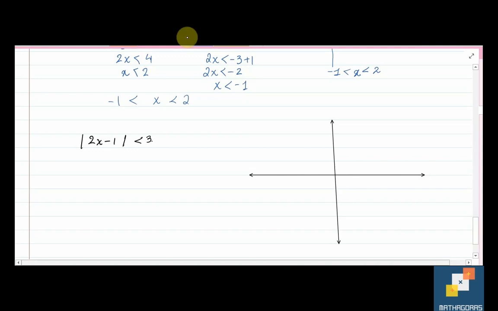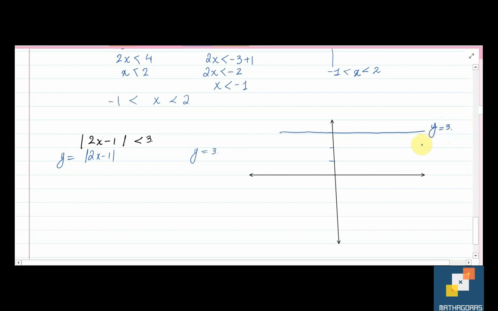So we will take y equals 2x minus 1 and y equals 3. Now you need to plot the graph of these two. To plot y equals 3, let's suppose we say 1, 2, 3. So that is the line of y equals 3.